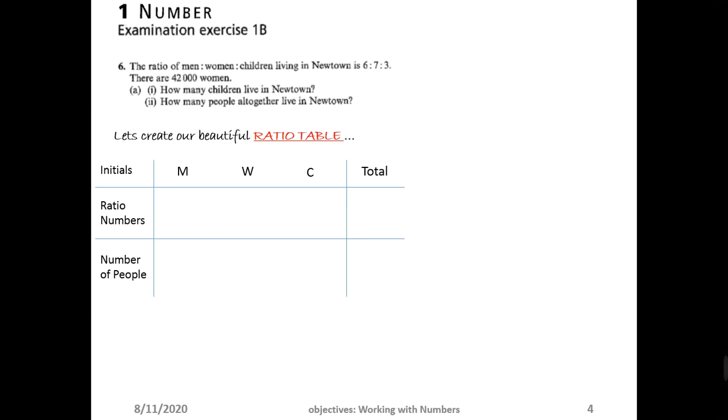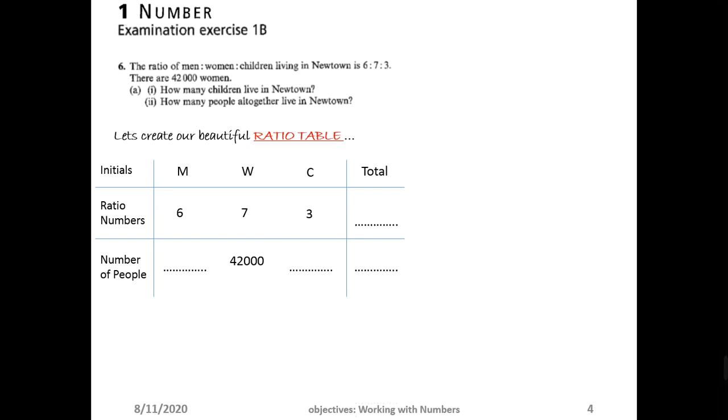Now, in the exact same sequence, the ratio of men is 6, women is 7, children is 3. The other number that is given to us in the question is 42,000 women. So the number of women, number of people, is going to be 42,000, which leaves the number of men, the number of children and the total number of people as unknown.